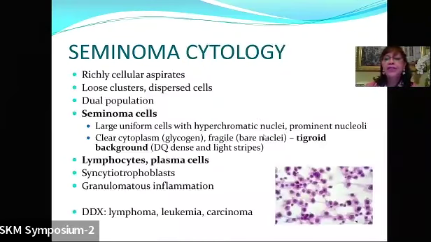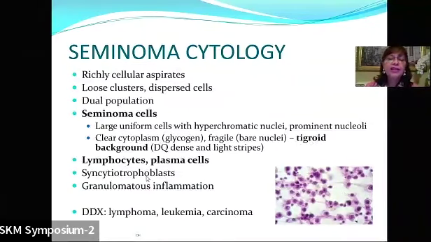On cytology, you have these cellular aspirates, dispersed tumor cells, a dual population of these large germ cells as well as lymphoid cells. And these seminoma cells have lots of glycogen. When you smear them, these cells break up, you have bare nuclei and linear streaks, a thyroid background.